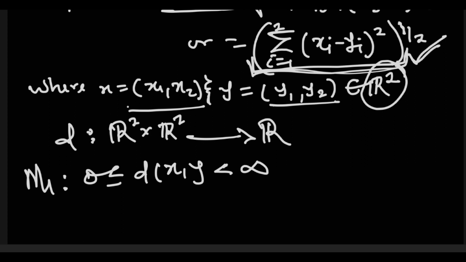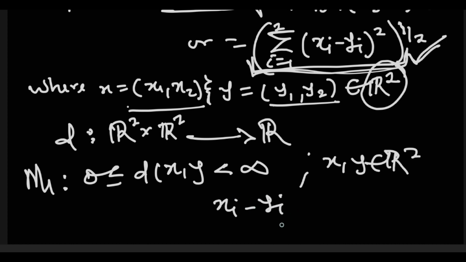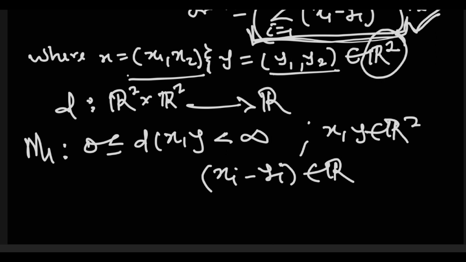Now we have x and y in R2, so each component xi minus yi will be in R. That is, x minus y will be in R, so I will say from i equals 1 to 2.